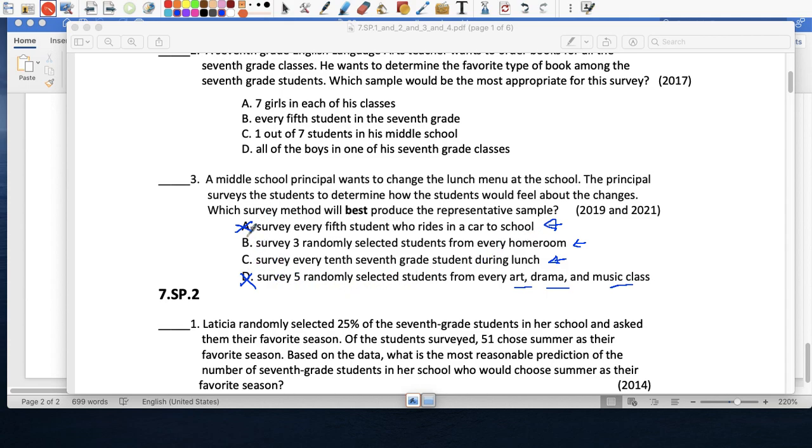The best one would be this, because it's from every homeroom. You want the best representative sample, and if you're taking 3 kids from every homeroom, it would represent the whole population, as opposed to every 7th grade student only. We're ignoring the 6th and the 8th.